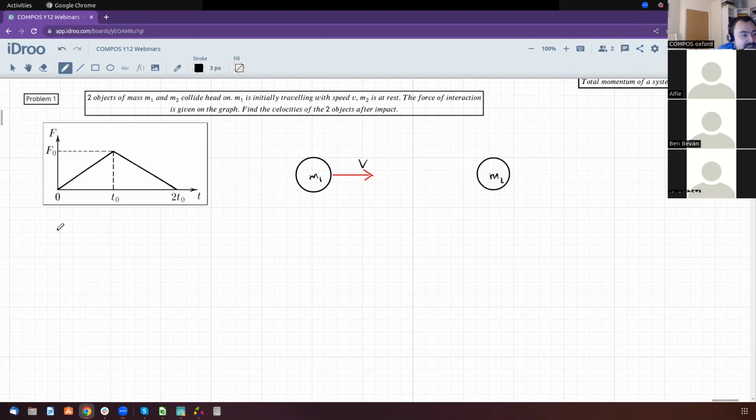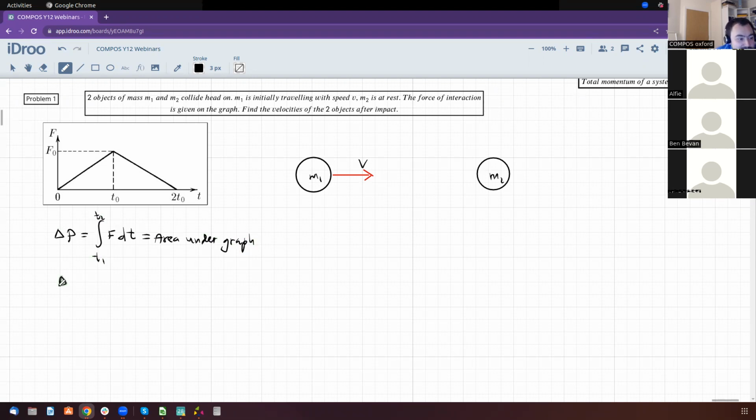So we know that the change in momentum is equal to the integral of the force with respect to time. Or, in simple words, it's just the area under the graph, from T1 to T2, because the integral is the area under the graph.